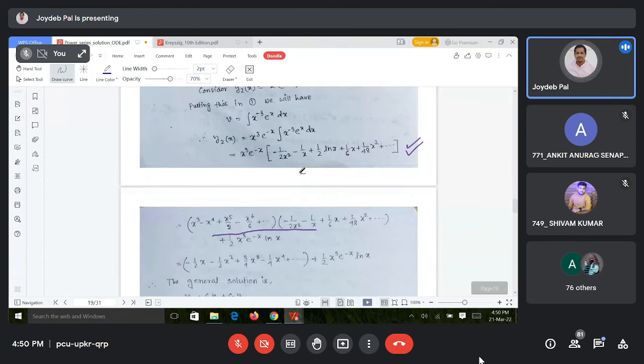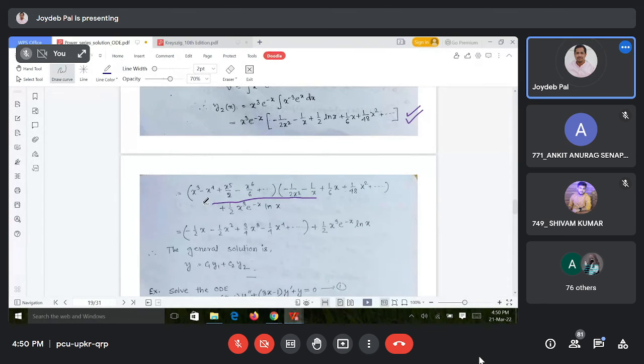Fine. तो for that मैंने क्या किया है, ये x cube into e to the power minus x, इसका सीरीज मैंने बना दिया. तो x cube into e to the power minus x, देखो यहाँ पे एक्चुअली 2 पार्ट में कर रहा हूँ, x cube e to the power minus x into this, ये कर रहा हूँ, and x cube e to the power minus x into the rest कर सकते हैं ना, मतलब can I write this, x cube e to the power minus x into 1/2 ln x plus x cube e to the power minus x into the rest series, minus 1/2 x square minus 1 by x plus 1 by 6 x, ऐसे लिख सकते हैं क्या?